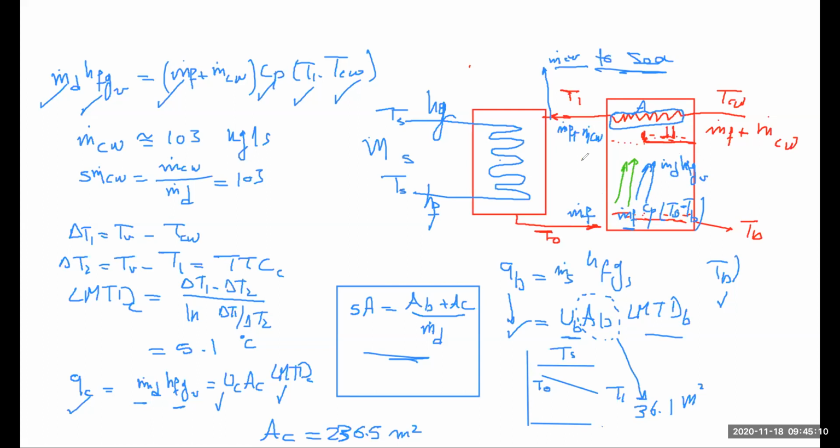After that, we did only heat transfer equations. A thermodynamic balance here for the preheating seawater, which is preheated by the vapor, so we can calculate how much cooling water is needed. And then area calculations for that tube bundle here and area calculations for the brine heater as well. So that is typically what you would do in a single stage flash desalination system.